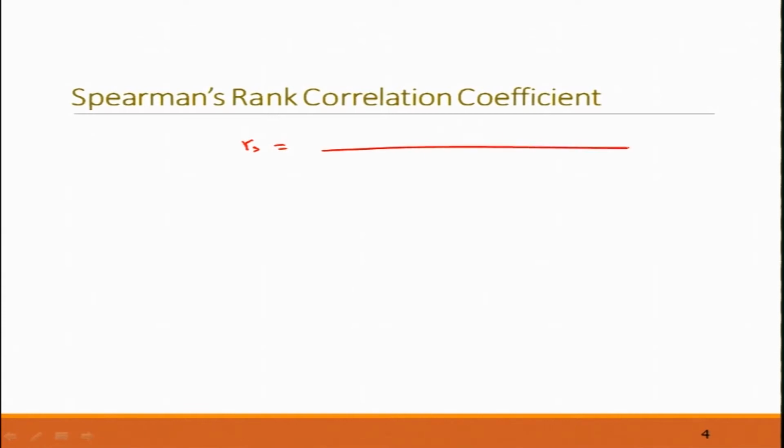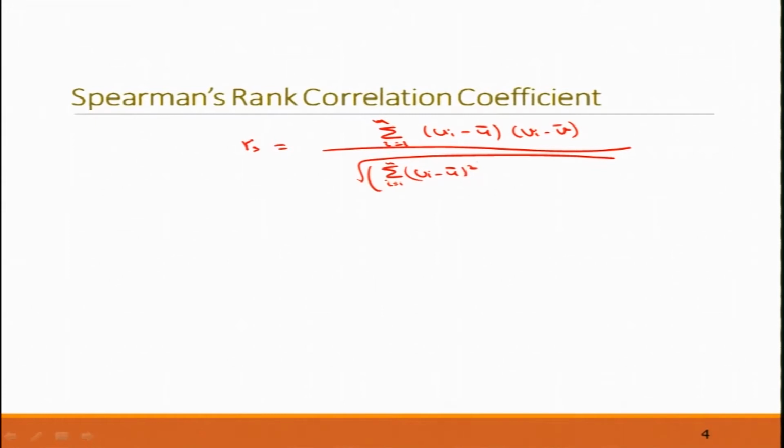This is equal to the summation i equal to 1 to n of (ui minus u bar)(vi minus v bar), over the square root of the summation i equal to 1 to n of (ui minus u bar) whole square, times the summation i equal to 1 to n of (vi minus v bar) whole square.